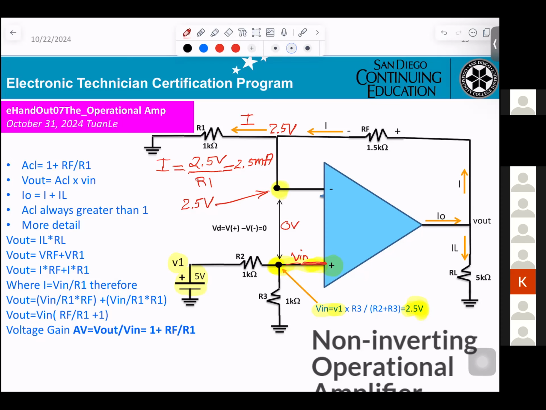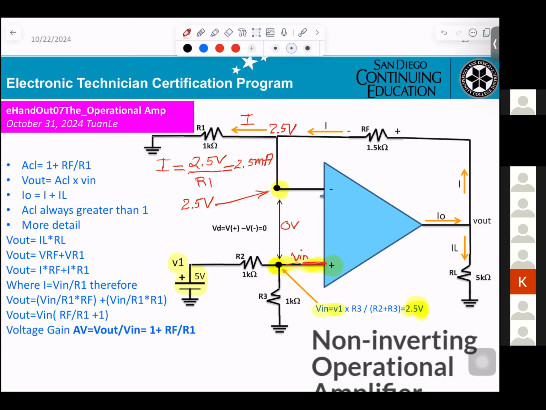Hey, Mr. Pham, question. Go ahead. Where you got the black dot, which way is the current flowing? Up towards that 2.5?